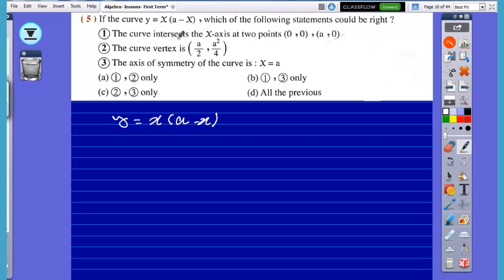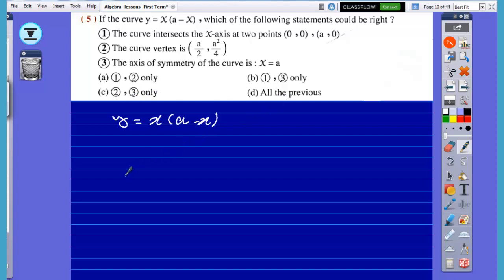First, the curve intersects the x-axis at the 2 points (0, 0) and (a, 0). 2, the curve vertex is (a/2, a²/4). 3, the axis of symmetry of the curve is x equals a. So the choices are 1 and 2 only, 1 and 3 only, 2 and 3 only, all the previous.